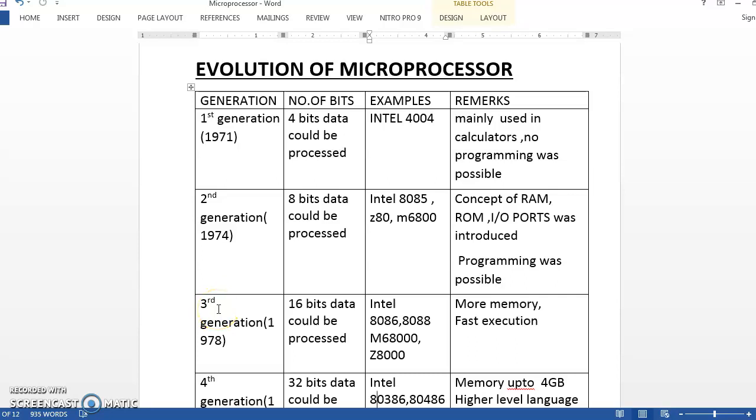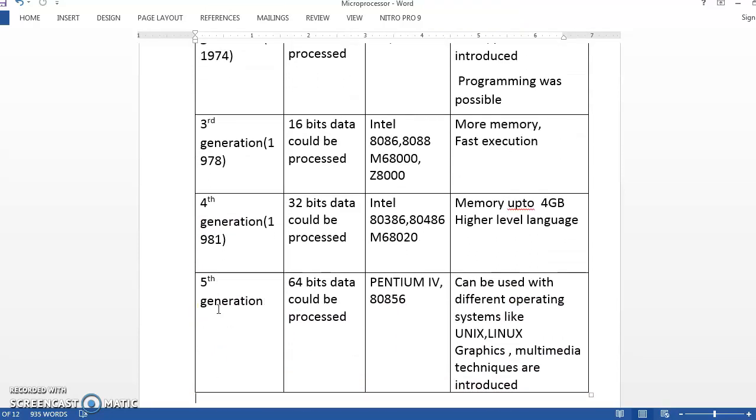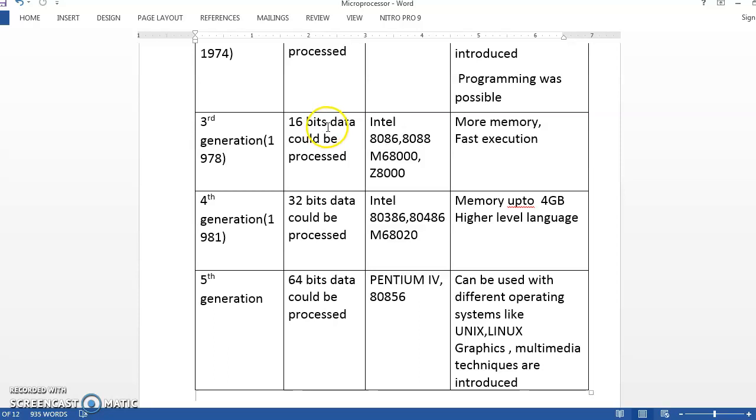The third generation microprocessors were 16-bit microprocessors, and examples are 8086 and 8088, which were manufactured by Intel, Motorola 6800, and Zilog manufactured the 8000. Basically, the memory was more, and execution was much faster with these microprocessors.